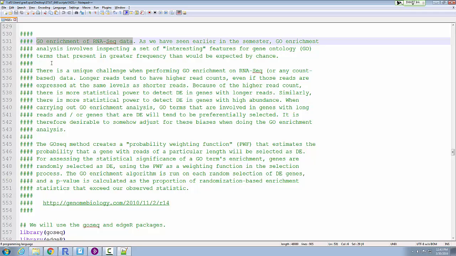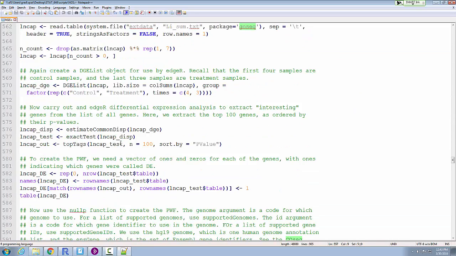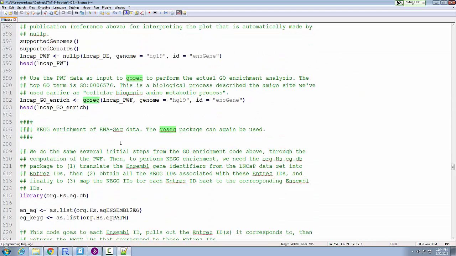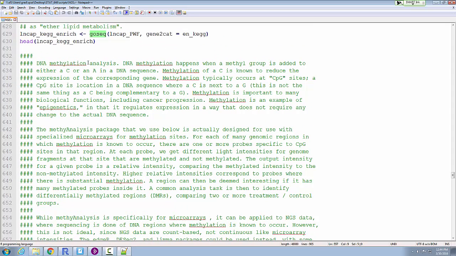You can do that here using the GOseq package, if you're interested. You can do KEGG enrichment, separate package.